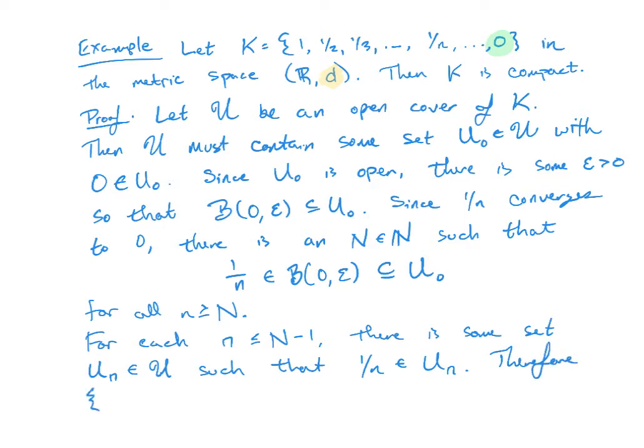And therefore, the set of sets U1, U2, up to U N minus 1, together with U naught, covers K. That's our finite subcover.